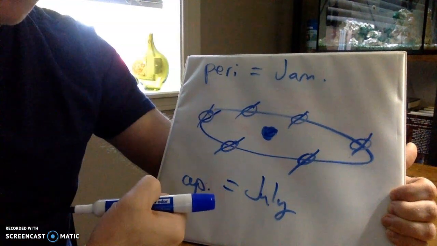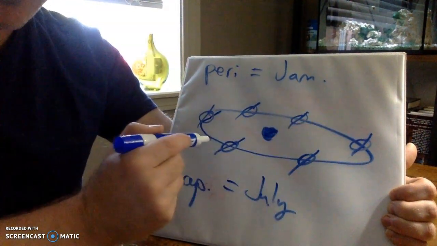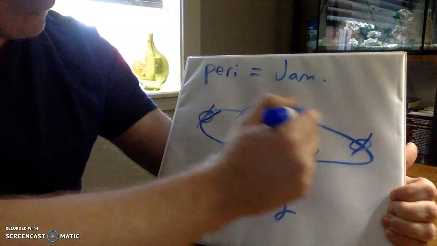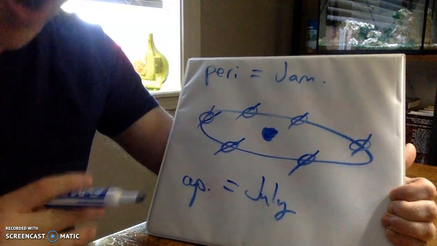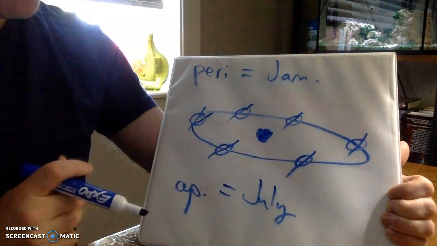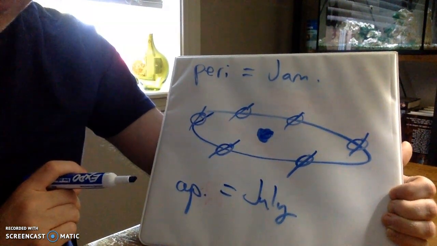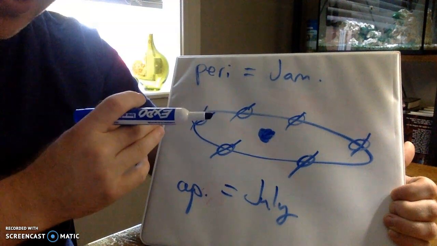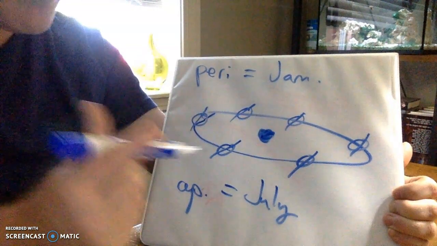What's driving this change is the axial tilt. As the Earth is revolving around the sun, parts of the planet are tilted towards the sun, and parts of the planet are tilted away from the sun. And when you're tilted towards the sun, you get a higher angle of sunshine.